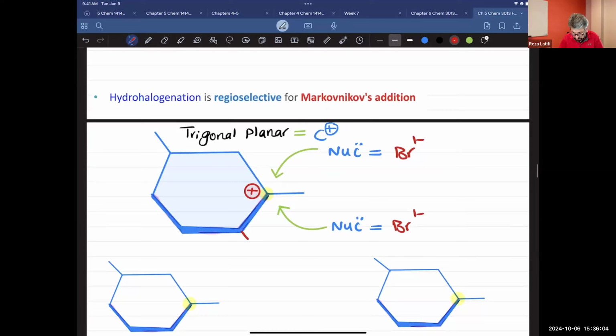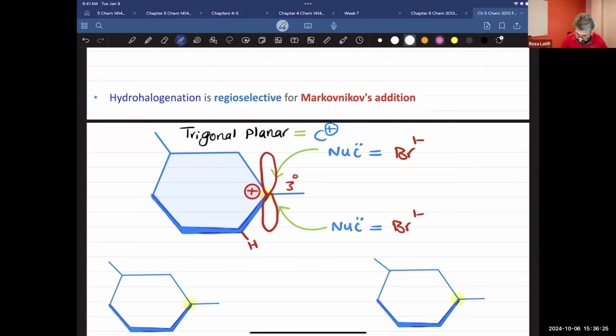So we added the hydrogen here, and we got a tertiary carbocation. That tertiary carbocation has an empty orbital, and this is the empty orbital. Now, the nucleophile can reach it from the top or the bottom. Why? Because this carbon, the carbon that I'm going to highlight, has a trigonal planar geometry. That means it's going to be flat. I can reach it from the top or the bottom.